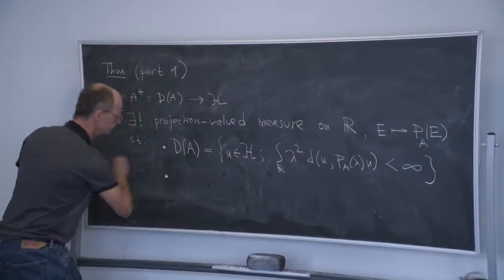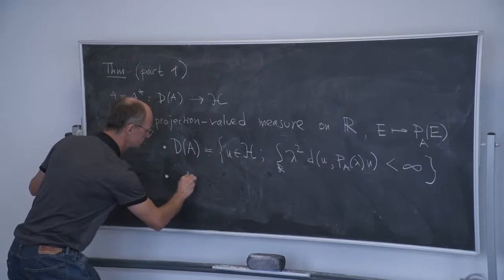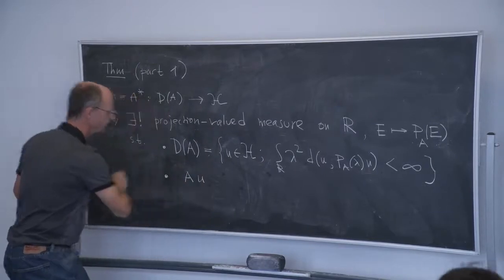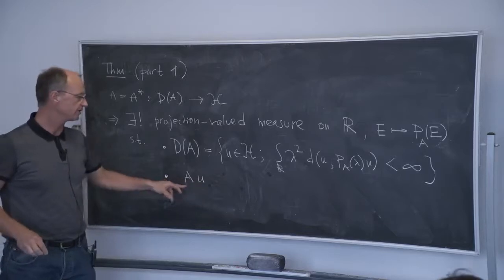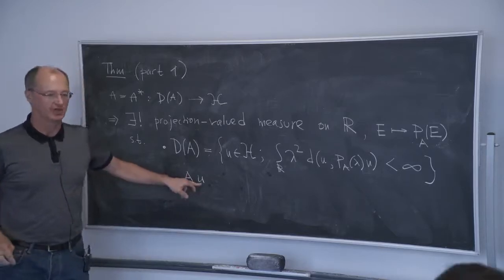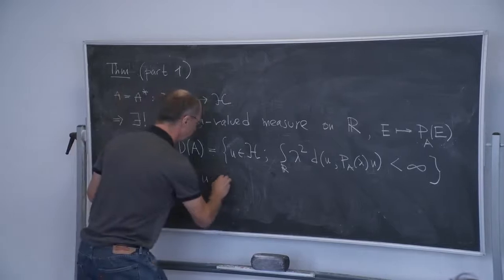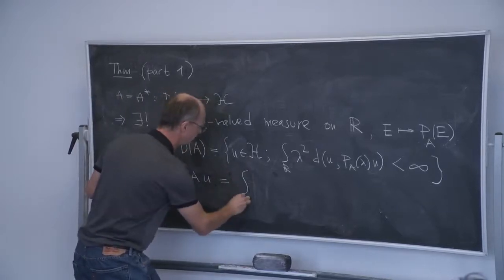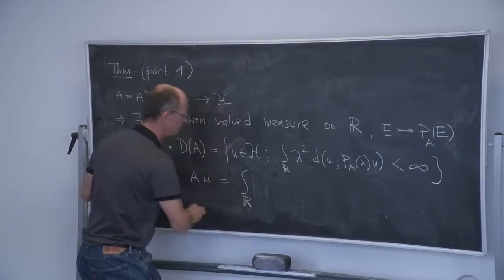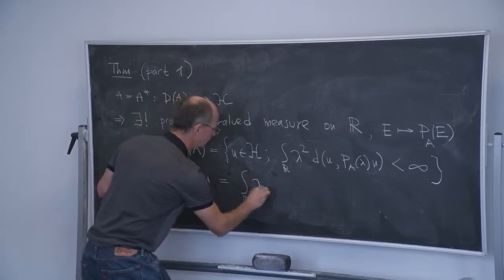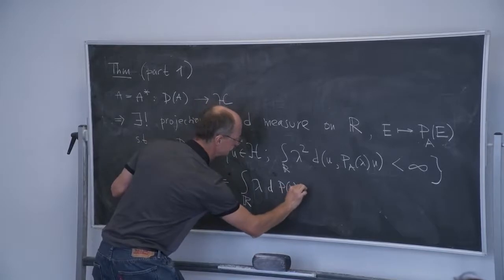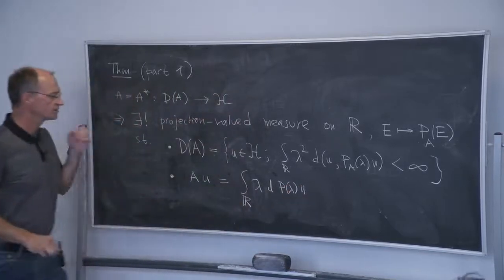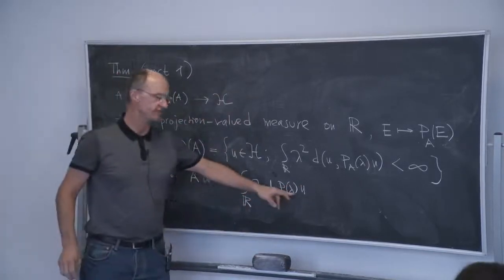Now, so then there is also the following formula for the action of the operator on a vector from the domain. And so let me write it, and then we'll discuss it a little bit more in a minute. So you see here, this was P of lambda.